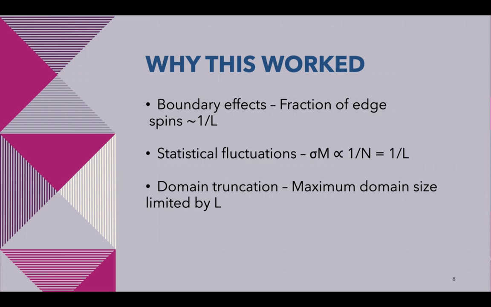And third, domain truncation, which just means that the magnetic domain can't grow larger than the box size L. This explains why we got the straight line in our plot.